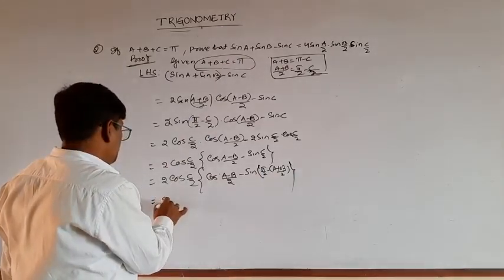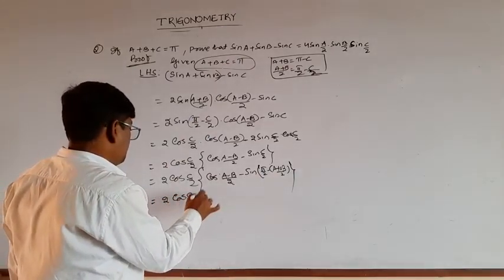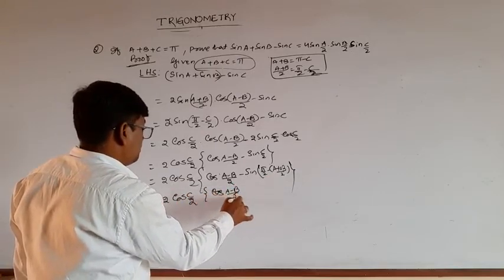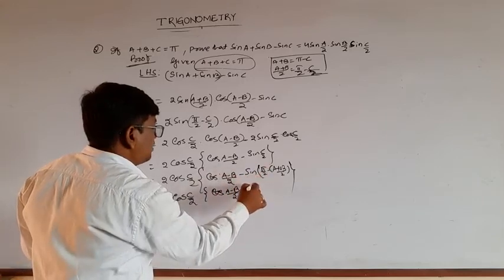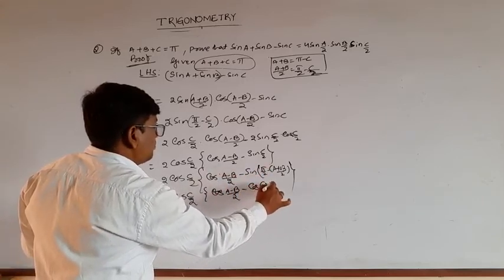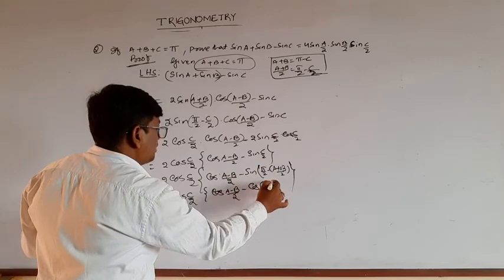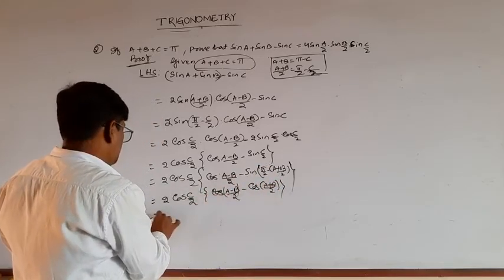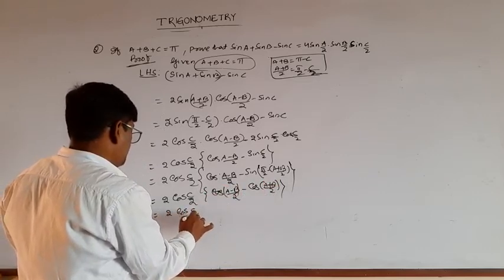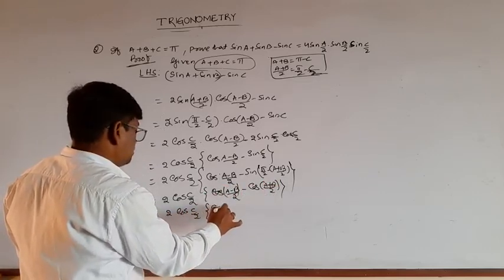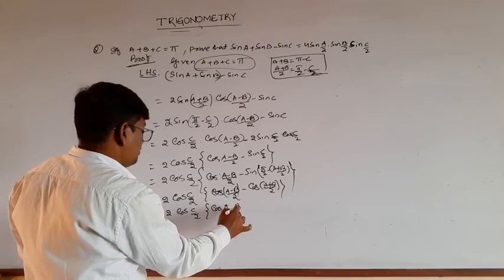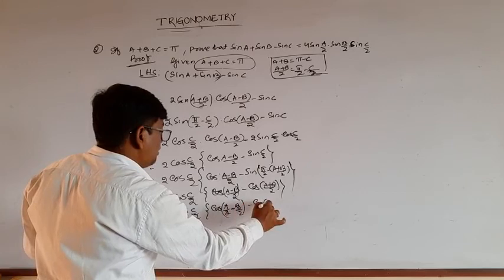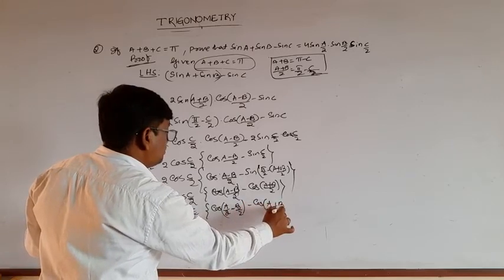So this is 2 cos C by 2 and cos((A minus B) by 2), and this is sin(90 minus theta), that is cos((A plus B) by 2). Now we can write this as 2 cos C by 2 into [cos((A minus B) by 2) minus cos((A plus B) by 2)].